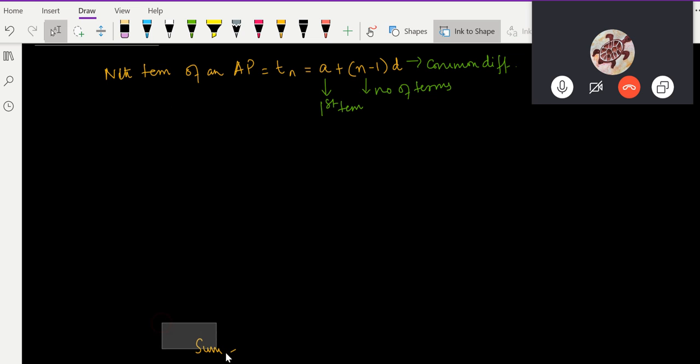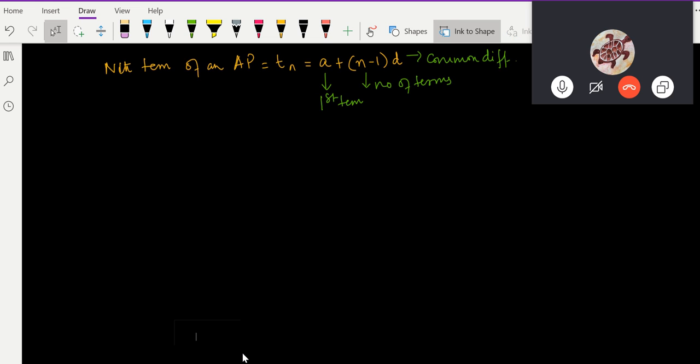So what we are trying to find is the sum of the first n natural numbers, 1 plus 2 plus 3 plus 4 plus up to n, right? So how do we get this?